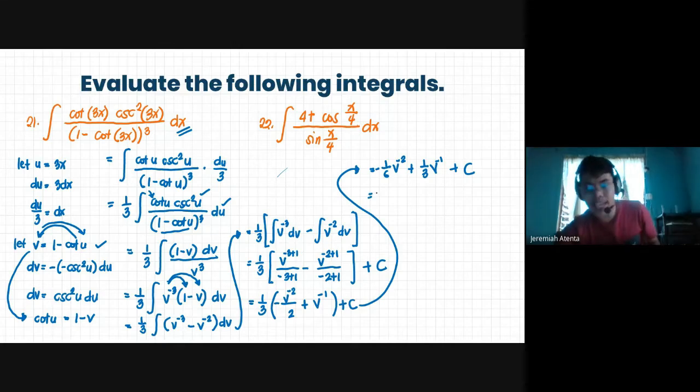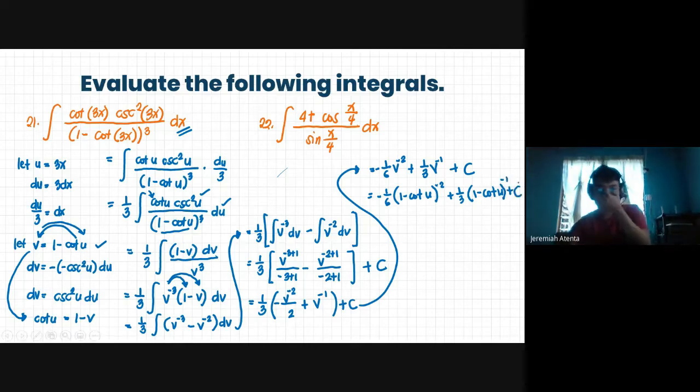Then simplify. Let's bring back v. v is 1 minus cotangent u, so you have negative 1 over 6 times 1 minus cotangent u to the negative 2 plus 1/3 times 1 minus cotangent u to the negative 1 plus c, right?